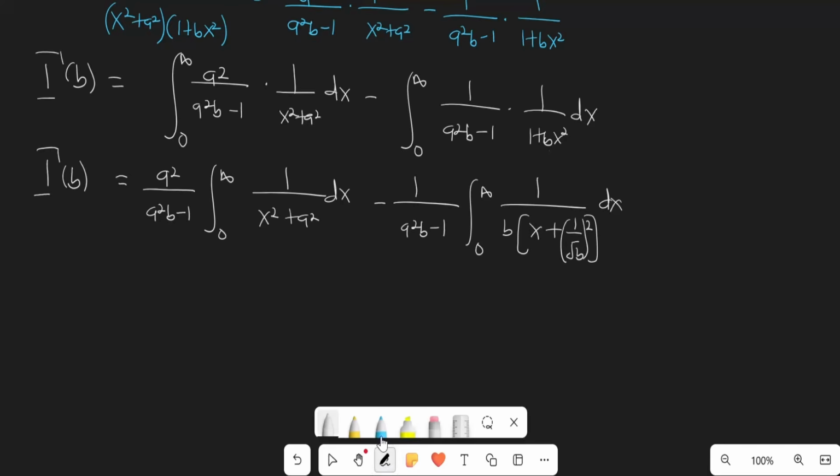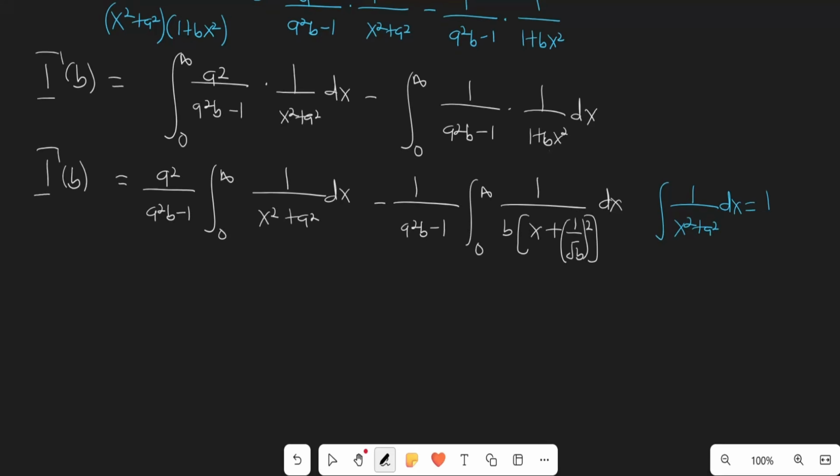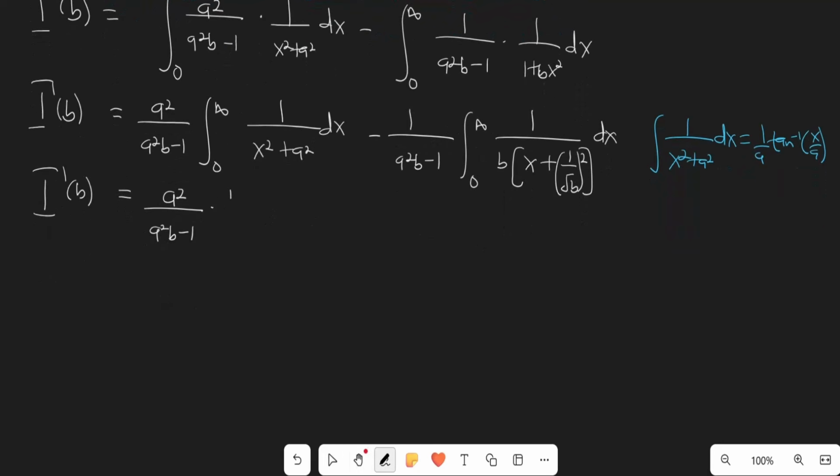Alright, now let's compare this one to the arctan integral. If I have the integral of 1 all over x squared plus a squared dx, this is the same as 1 over a and then the arctan of x over a plus the constant of integration. Okay, so I prime of b is equal to what? We have a squared all over a squared b minus 1, and integrating this gives 1 over a multiplied by the arctan of x over a, the limits of integration from 0 to infinity, minus 1 all over a squared b minus 1.